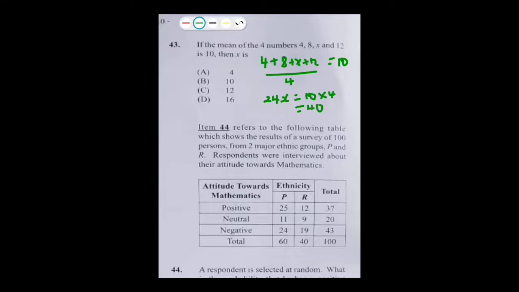And since we're going to take over the 4, it's going to be multiplying. So 10 multiplied by 4 is equal to 40. So that's 24x is equal to 40. Let's rewrite this to the corner. So we now need to make x the subject of the formula. So we have 40. No, we made a mistake, sorry. It's going to be 24 plus x.